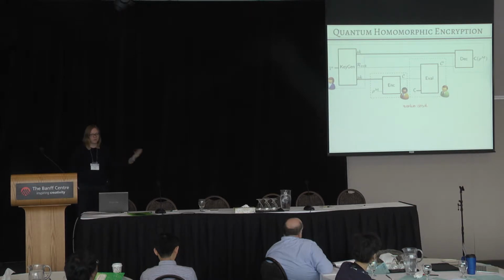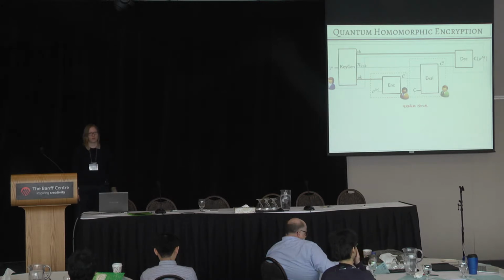Then we have an encryption procedure. It takes some quantum state rho on a system M, and it outputs another quantum state on a system C. The evaluation procedure now evaluates on a quantum ciphertext. And it's going to now take a classical description of a quantum circuit, C. So C is going to be some quantum circuit over some universal quantum gate set.